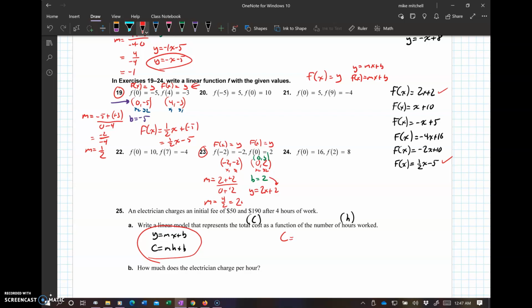Just set this up into our problem here, and you're going to plug these in. So our total cost is $190. That's our C. There's your H. That's going to be your B. Plug those in. You can solve it for m. And your slope, like I set up in the note earlier, slope is your rate. So the per hour, that's a rate. Just find it in your slope. We're out of time.